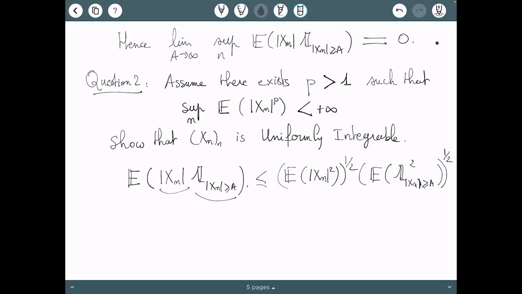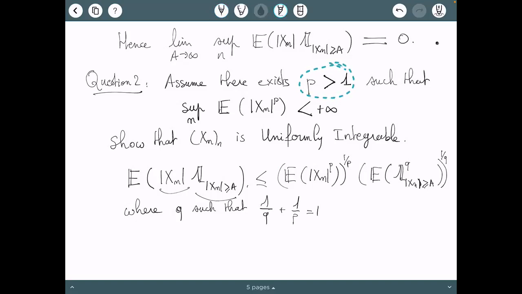So what I will get is not this exponent, but I will get 1 over p and 1 over q, where q, I remind you, is such that 1 over q plus 1 over p equals 1. Observe that I assume that p is strictly bigger than 1, which is very important.